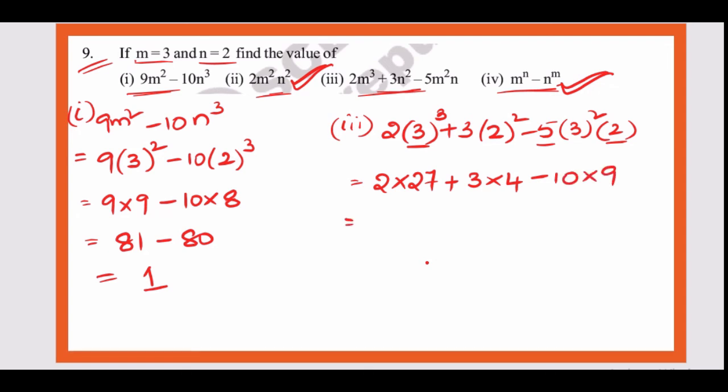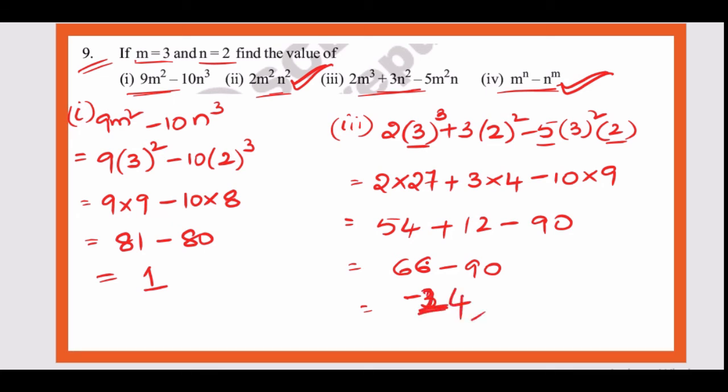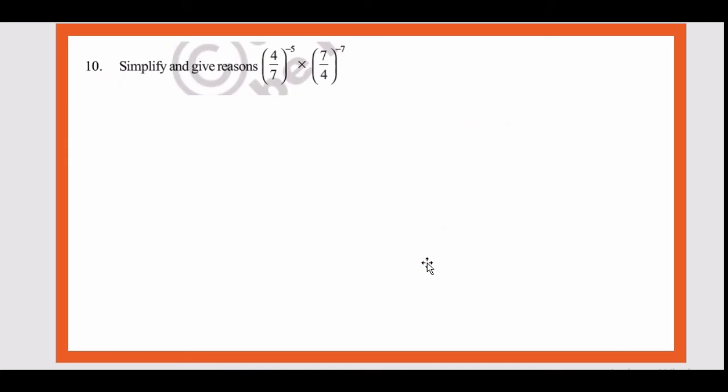Now if you simplify, 2 into 27 is 54, plus 3 into 4 is 12, minus 10 9s are 90. Now 54 plus 12 is 66, minus 90. So 66 minus 90 is nothing but minus 24. So the answer is minus 24. Likewise, you try the second question and the fourth question.